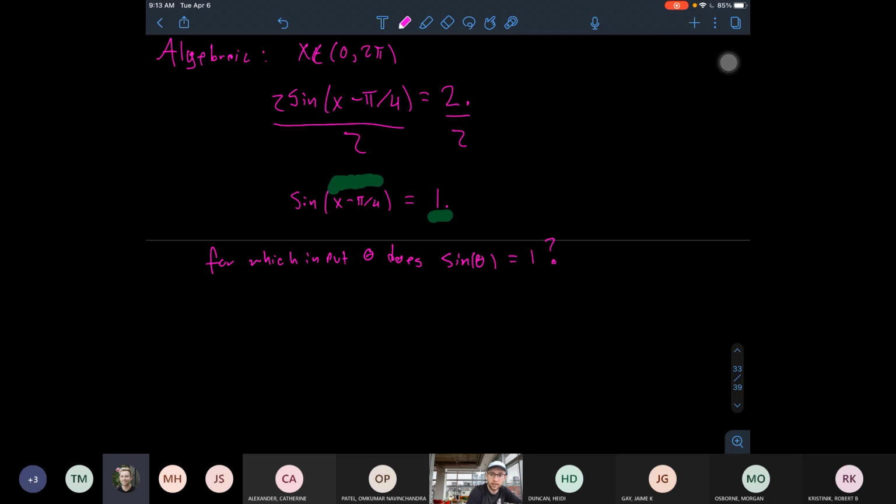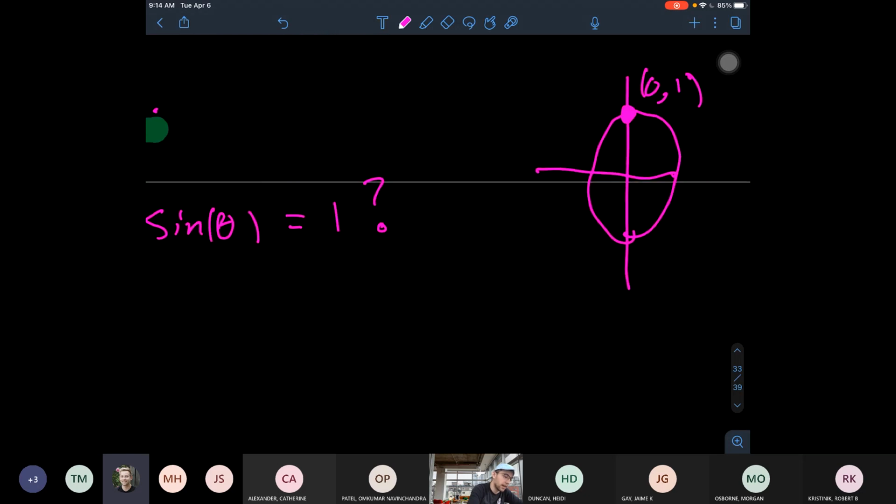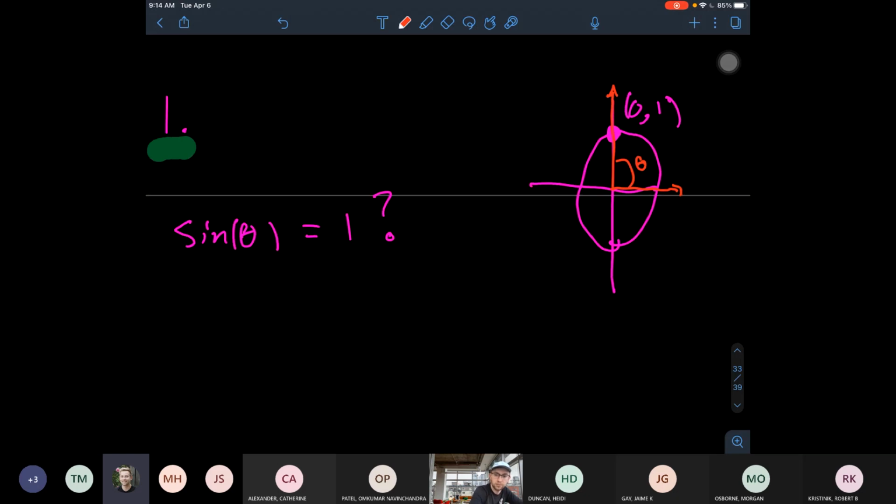Okay, we got a whole lot of answers in here. Sine of theta is going to take value 1 when the y value of the point on the unit circle is equal to 1. So it's going to take it at this point, 0, 1. And this is the point where the angle theta starts facing to the right and then is facing straight up. So theta is this angle here, which is a 90-degree angle, which is pi over 2.